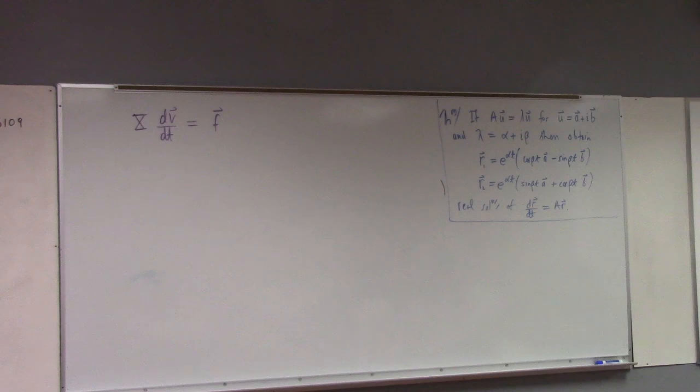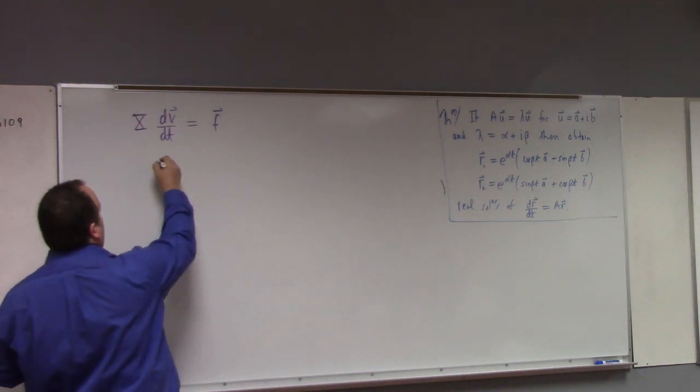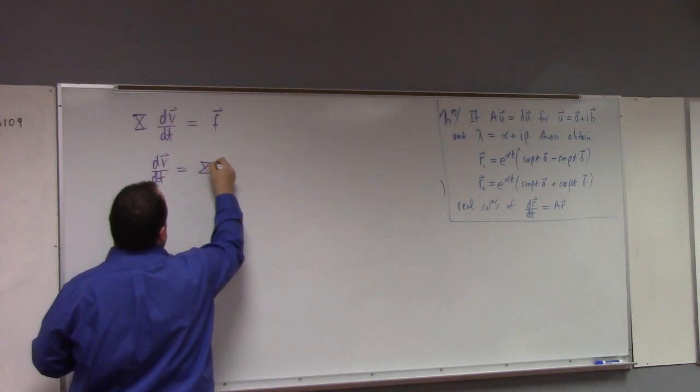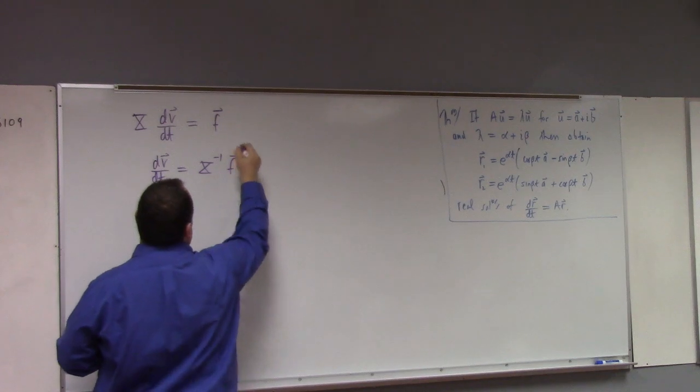How do you solve that? Let's multiply by the inverse again, see? So we've got dv dt is equal to X inverse, the matrix inverse, times F.